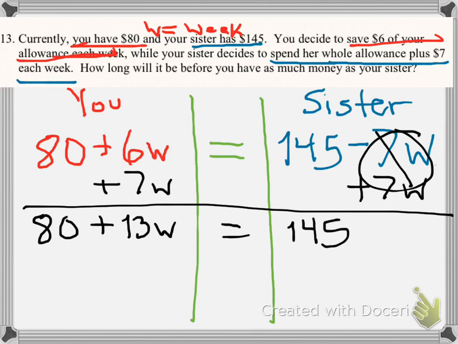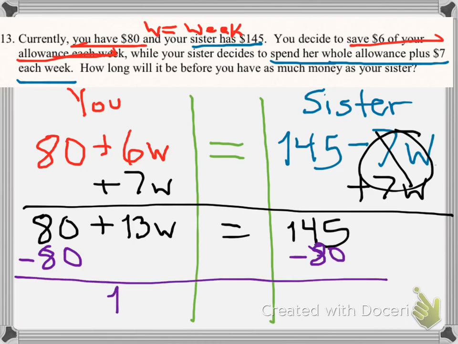Then we're going to move the 80 that is on that side, and we're going to subtract it. So we're going to subtract 80 from both sides. So that's going to be 13W equals 65, because these 80s cancel out.